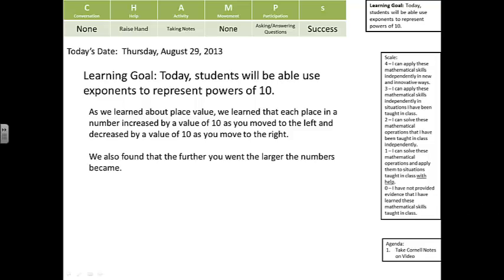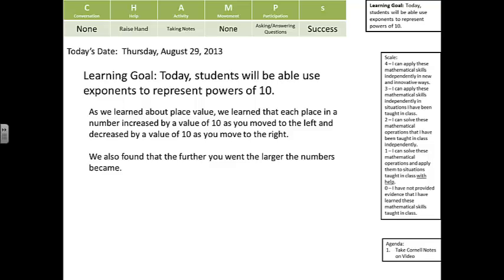We also found out that as we continued to the left, the numbers kept getting larger and larger and larger, and it took up a lot of space on our paper. We made a table of place value, and as we were doing the expanded form of some of our numbers, we saw that it took up a lot of space.